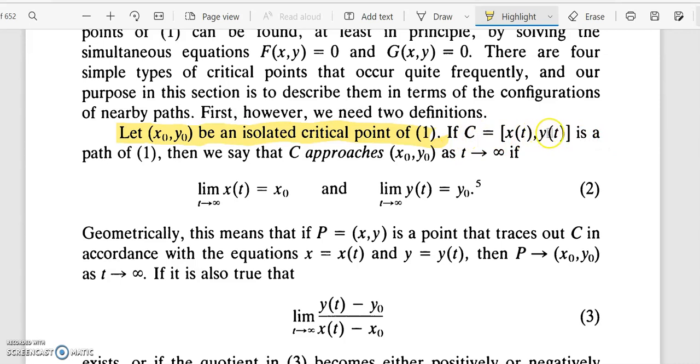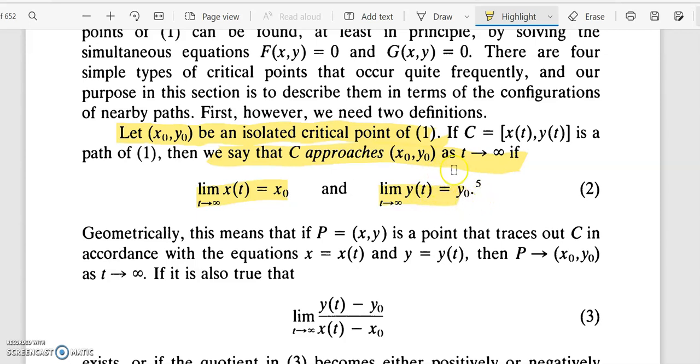So the solution of the autonomous system will be a curve of the form x equal to x of t, y equal to y of t. As t increases, we get a directed curve as a solution. That is called the path. Now we say that c approaches x0, y0 as t tends to infinity if limit t tends to infinity x of t is equal to x0 and limit t tends to infinity y of t is equal to y0.